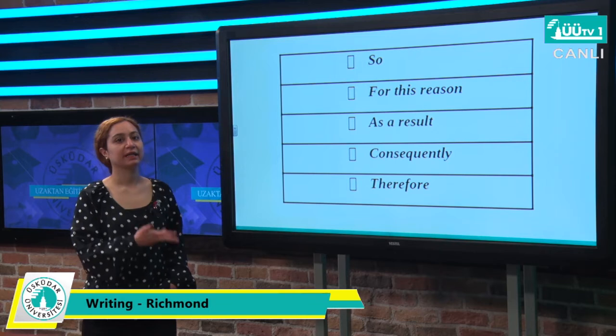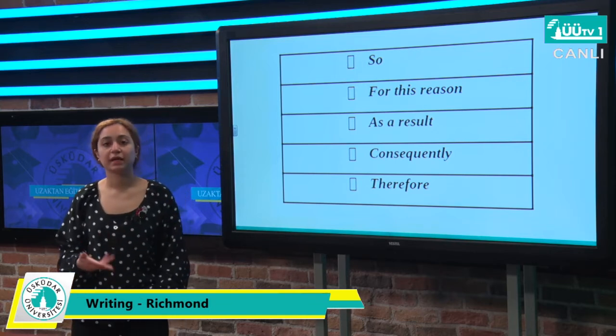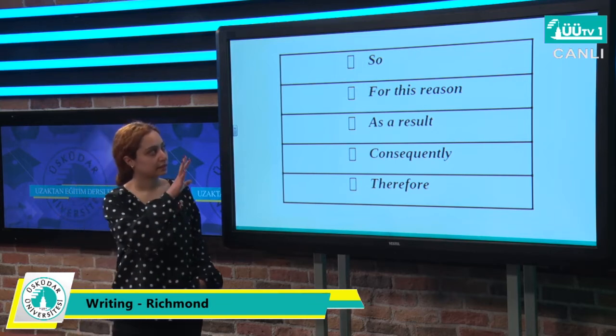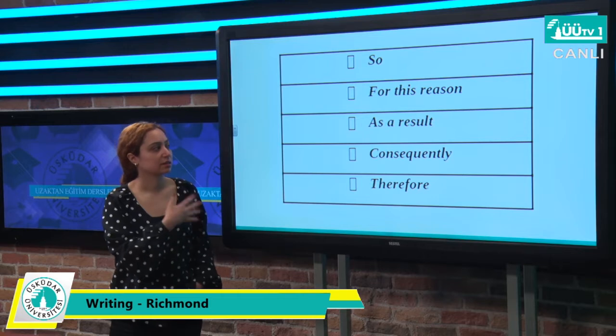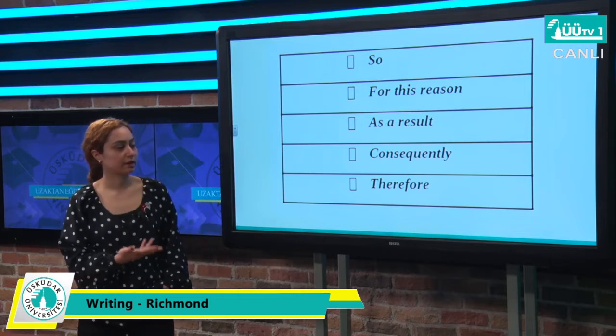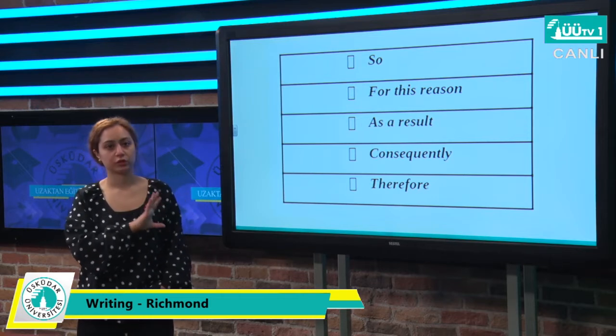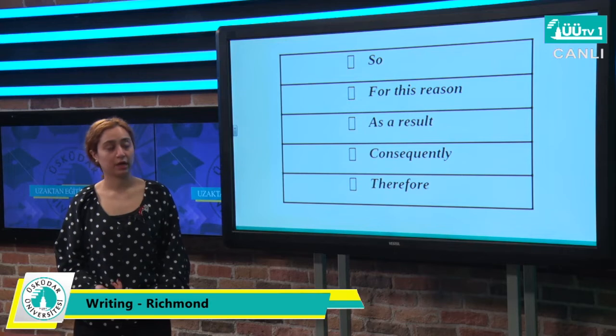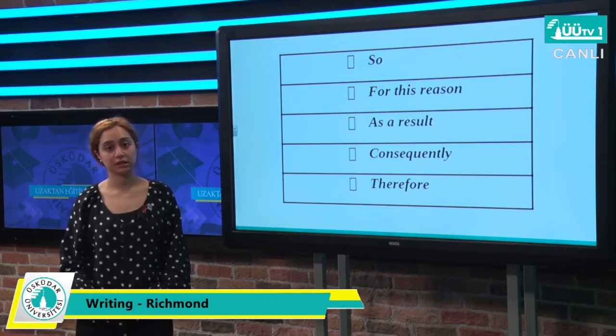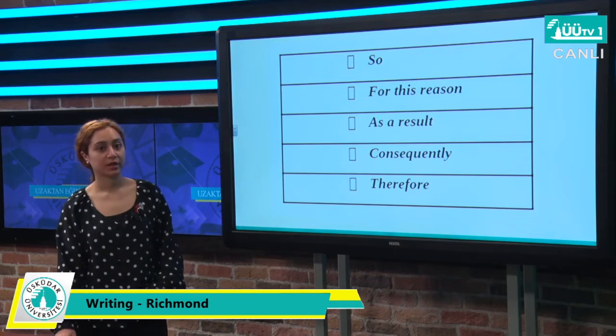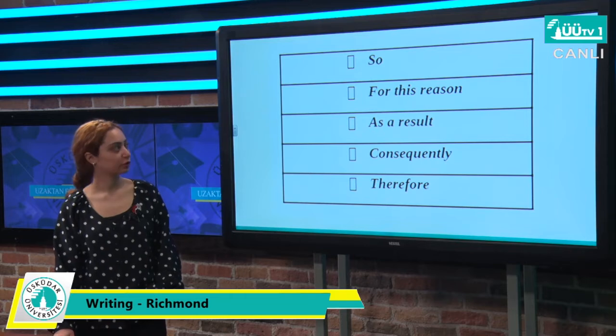When we are explaining the reasons, explaining the effects, for this reason, as a result, consequently, therefore, these words are really, really helpful and they will improve our writing. So please pay attention to them and take notes.